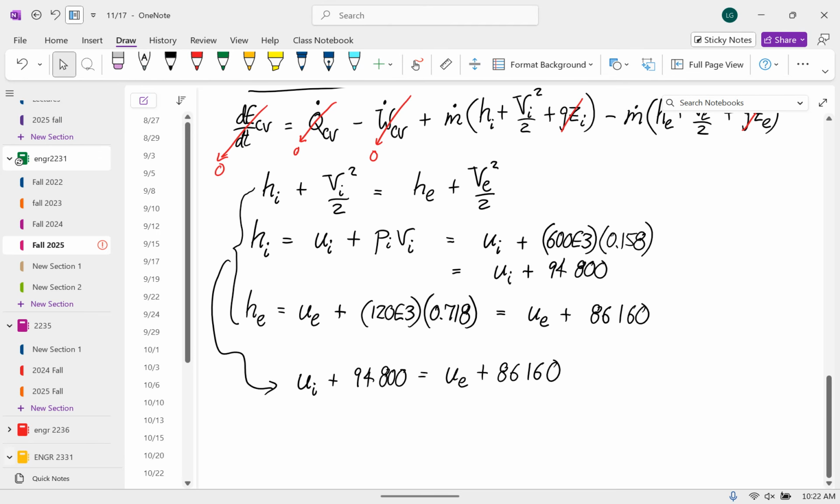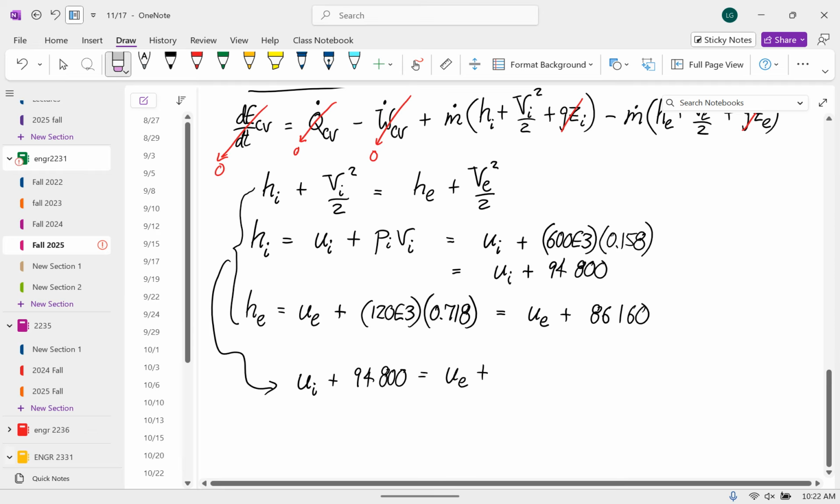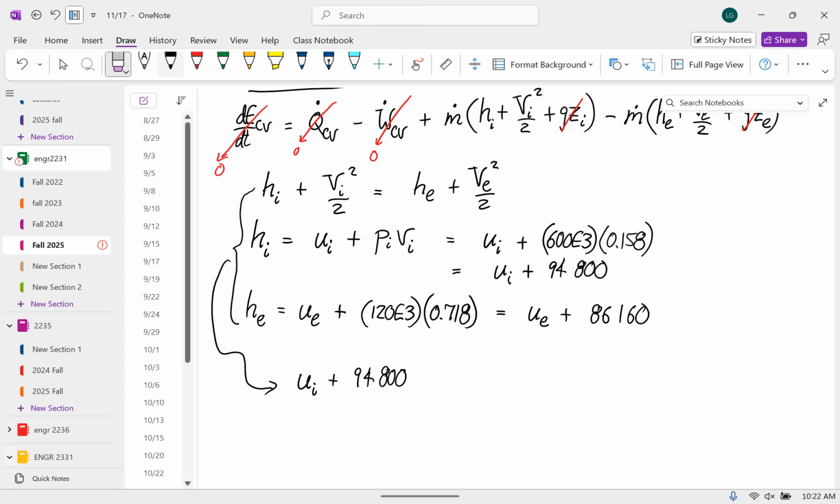Oh, no, because the whole reason we're doing this is to try to calculate those velocities. So here's our Hi, and then we're going to add to that Vi squared over 2. And then over here we have Ue plus 86,160 plus Ve squared over 2.